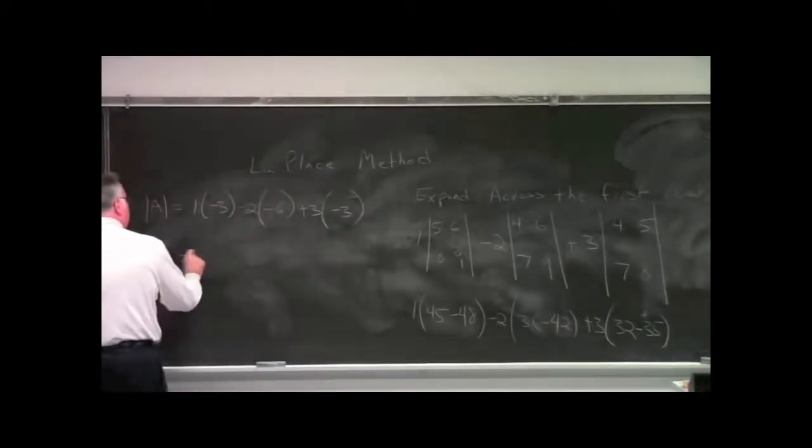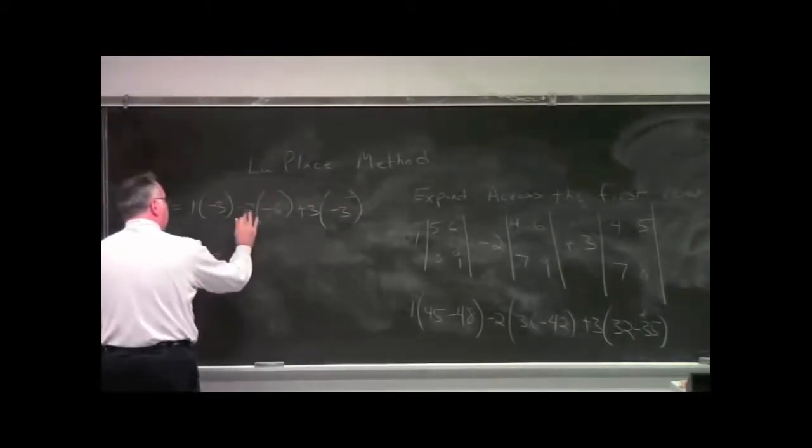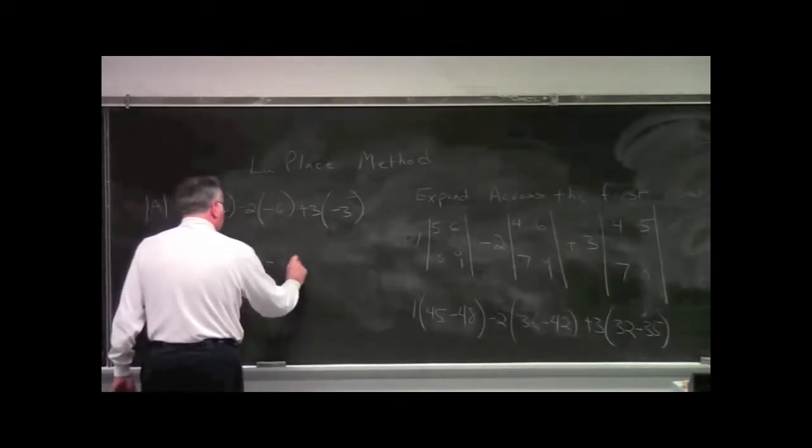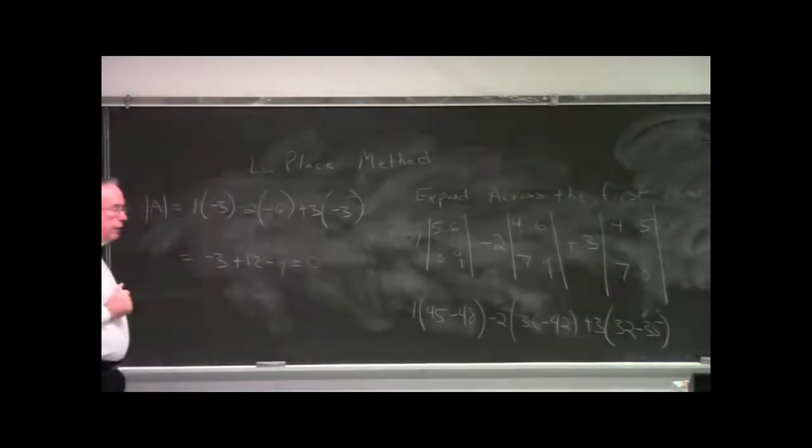Or we get minus 3 plus 12 minus 9 equals 0. This makes sense, doesn't it?